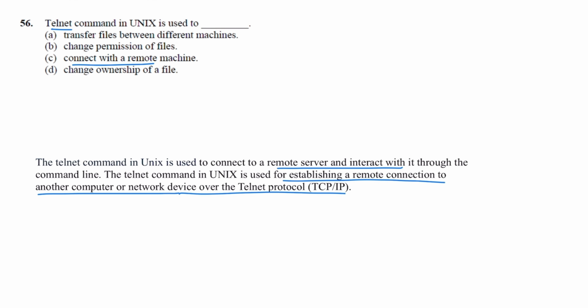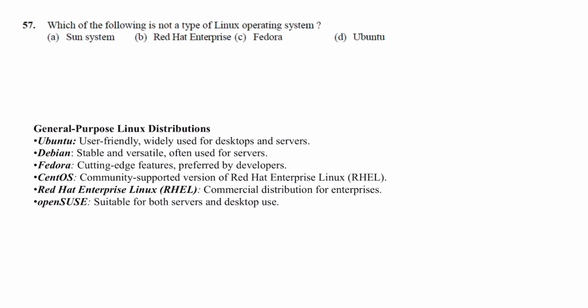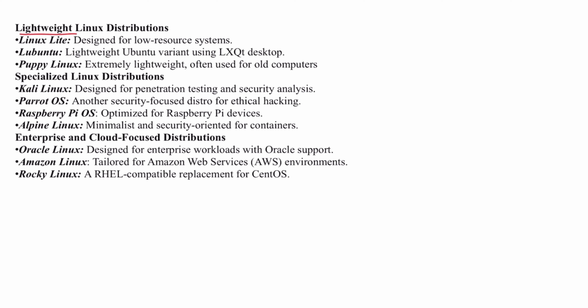Question 57. Which of the following is not a type of Unix operating system? Let us see different operating systems in Unix. General purpose distributions are Ubuntu, Debian, Fedora, CentOS, Red Hat Enterprise Linux, OpenSUSE. Lightweight distributions are Linux Lite, Ubuntu, Puppy Linux.